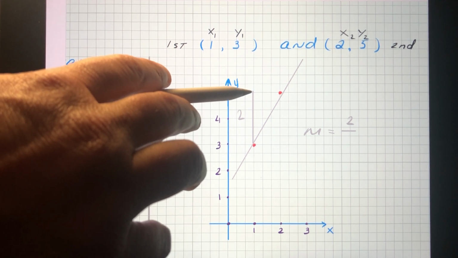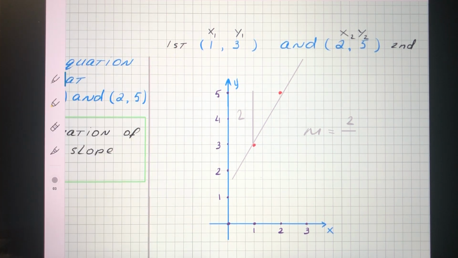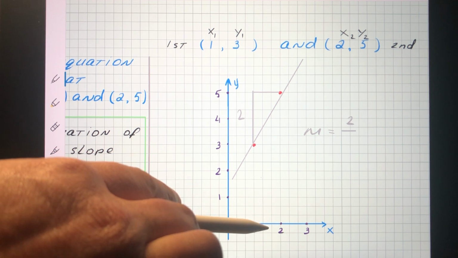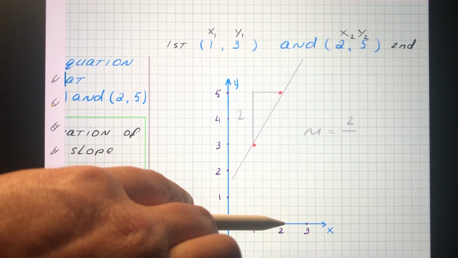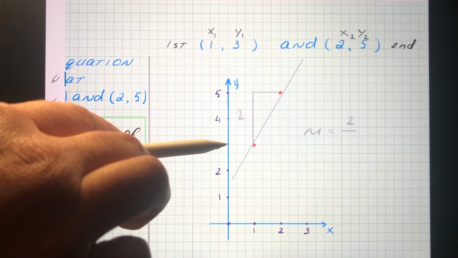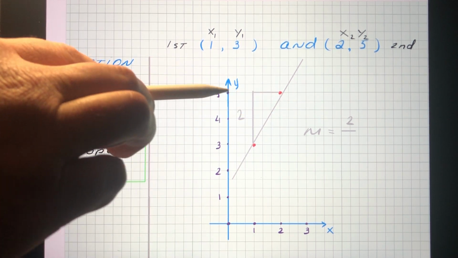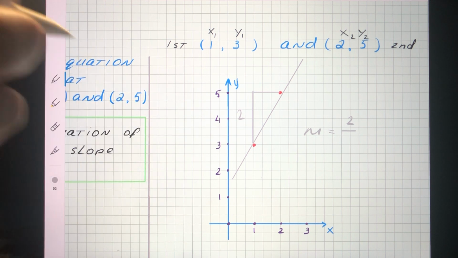And from this corner to get to our point, we need to take 1 step. We also know that because we're going from x equals 1 to x equals 2, which is the distance of 1. We also know that the rise is 2 because we're going from the height of 3 to the height of 5, which is the distance of 2. So anyway, we have now used the diagram to come up with the slope, and the slope is 2.